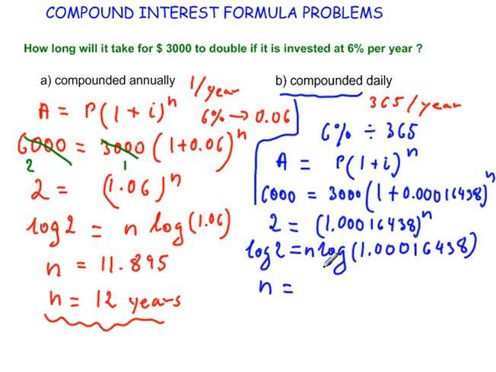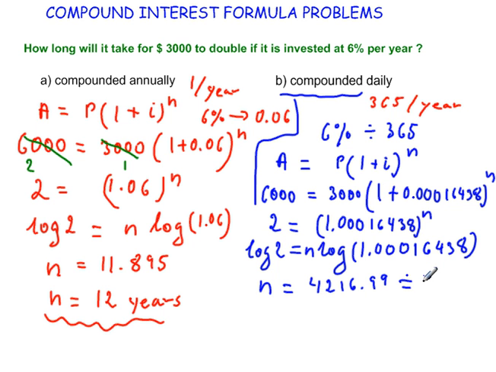Number n, when you divide log 2 by the logarithm of this 1 point, very small decimal number, you will see, if you do use long enough decimal number, that you will get 4,216.99, about 4,217 days.